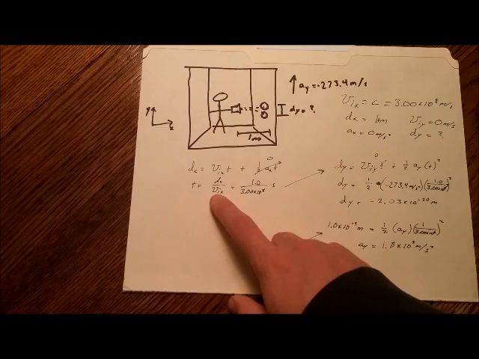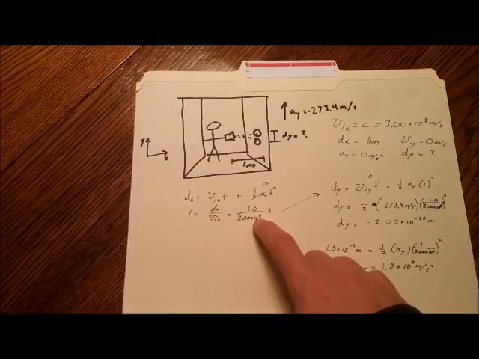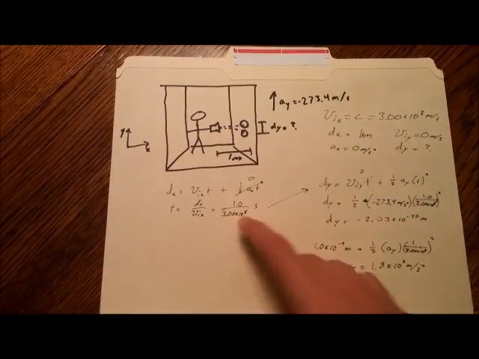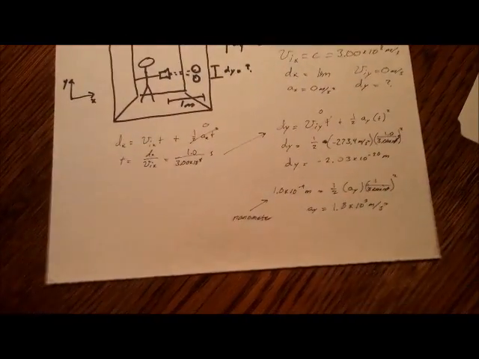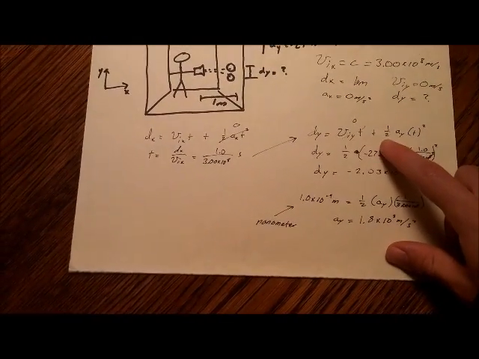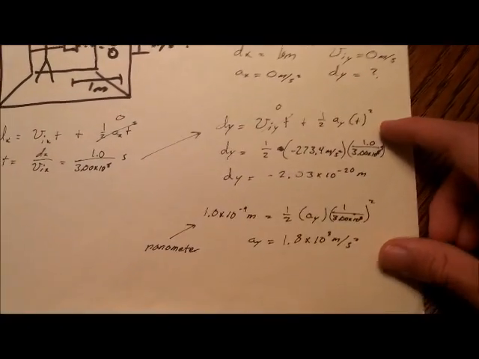And so first we need to solve for time. So time, we get dx over vi of x, which is 1.0 over 3.00 times 10 to the 8th, which is the inverse of c. And then once we get that, we can put it into this equation and get the change in y.